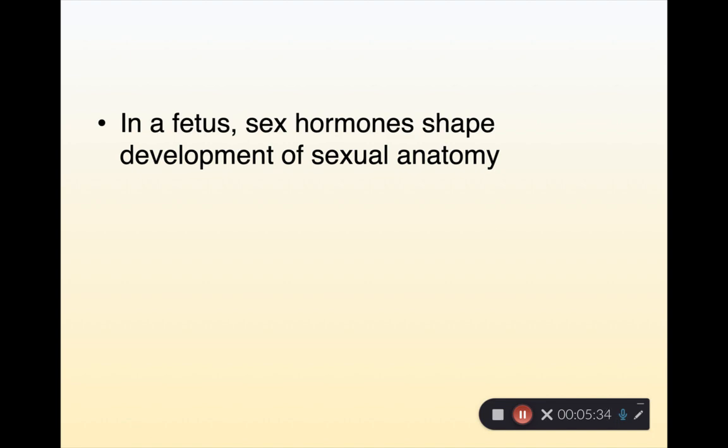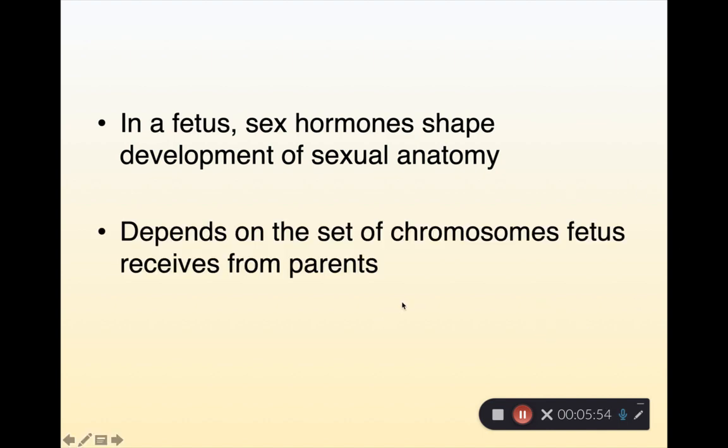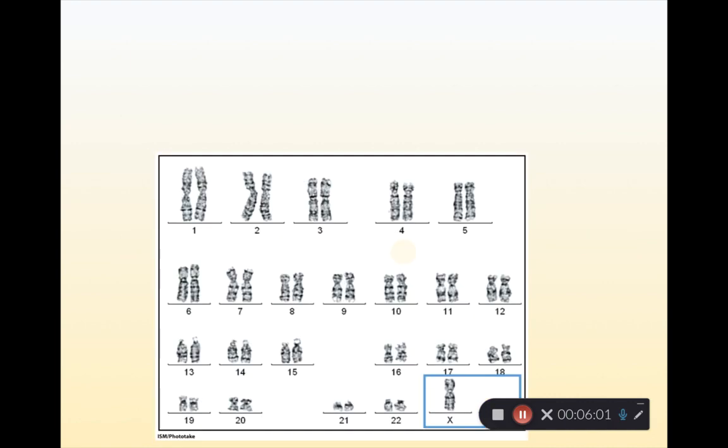So when we start to talk about the interaction of genes and the environment, one of the first interactions that we have to talk about is actually the environment of the fetus and how different hormones can develop in utero. In this case, this depends on the sets of chromosomes that are received from parents.